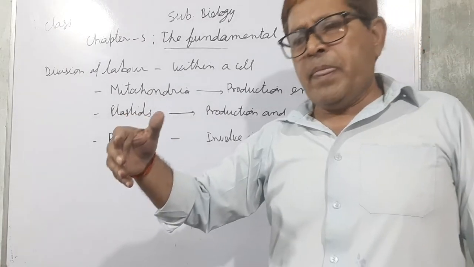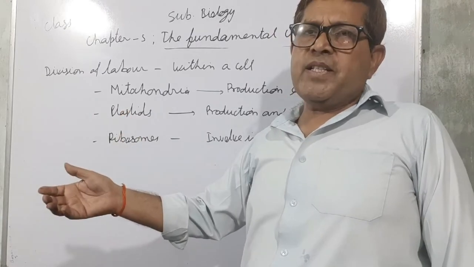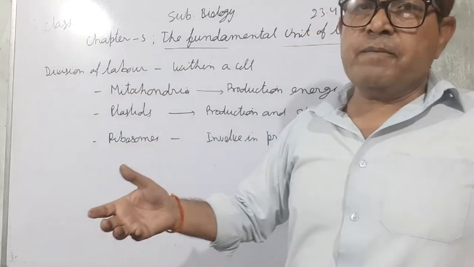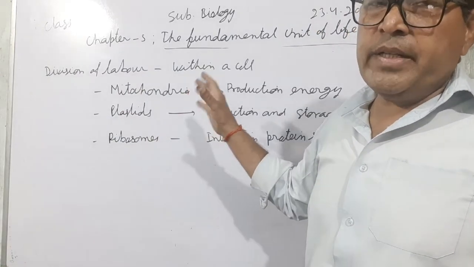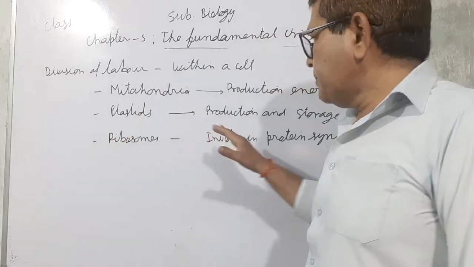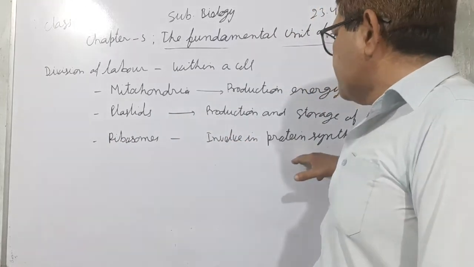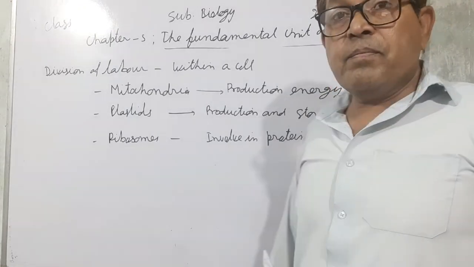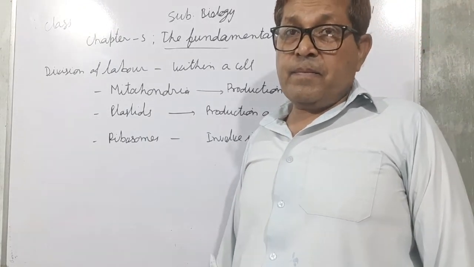Later we will discuss the types of plastids, leucoplast, chloroplast and chromoplast, in that chapter in detail. Ribosomes are involved in protein synthesis.